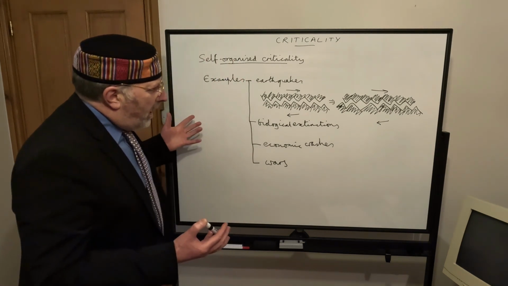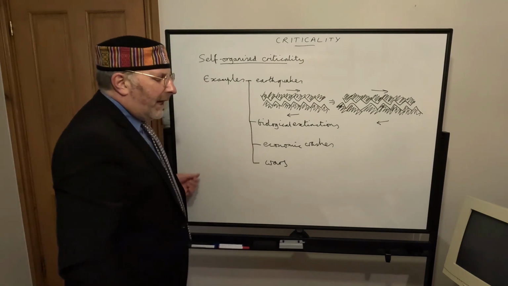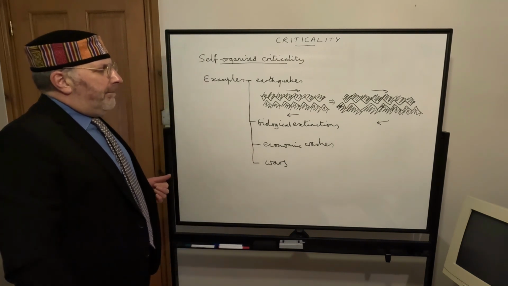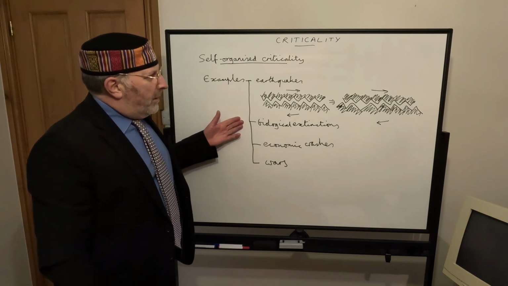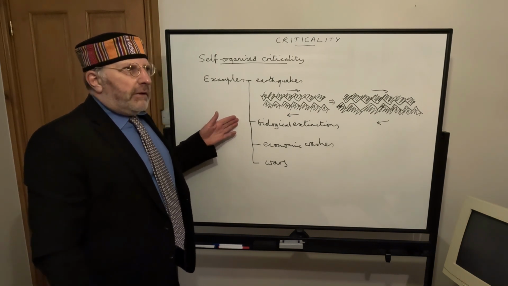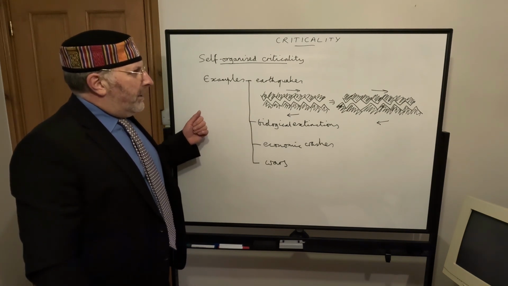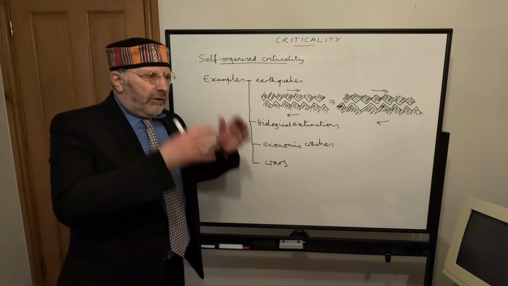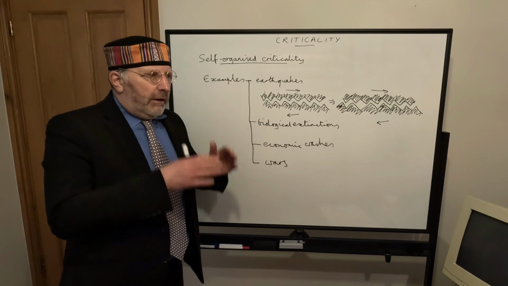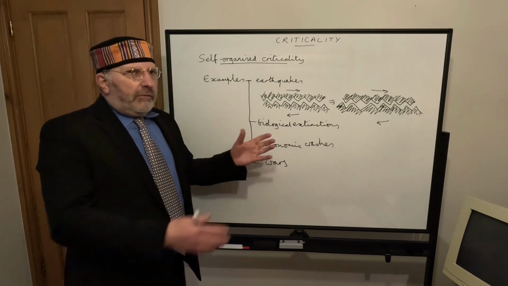And there are two key points that come out of it if self-organised criticality does apply, which is firstly that big events don't have to have big causes. So in the sand pile, the cause is constant. It's just one grain of sand at a time. But we sometimes get small avalanches, and sometimes huge ones.